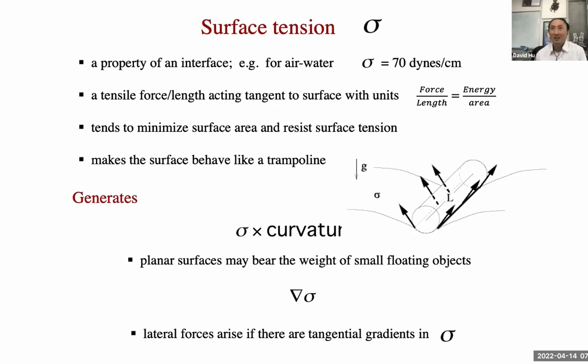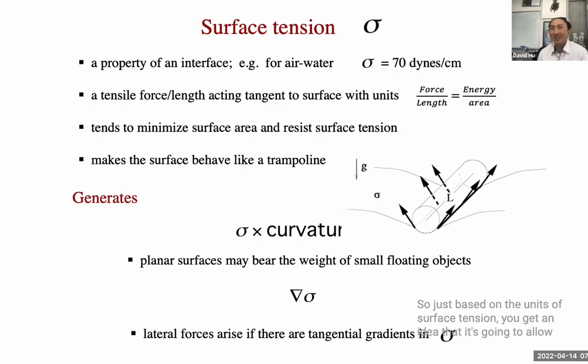And the weight support that you get, since surface tension is force per unit length, is going to scale as the length of your leg times the surface tension. So you take 70 and multiply by the length of your leg in centimeters, and that will give you the force. There's a subtle point. Because the bottom of the leg is wetted, you actually have two contact lines that support your weight. So there's a factor of 2 in front that I'll show you in detail in a second.